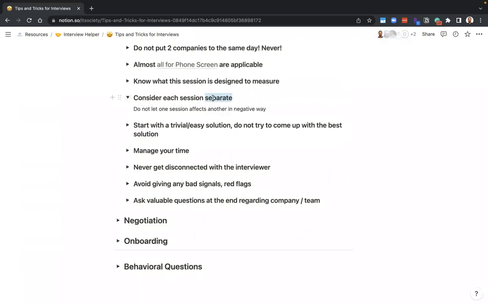Cool. This was about how they consider each session separately. I really do feel this is very important, because for a technical phone screen or a single session, I had a recommendation last week: even if you fail in the first 10 minutes of your session, keep yourself up, keep yourself motivated, refresh yourself and try to solve again.